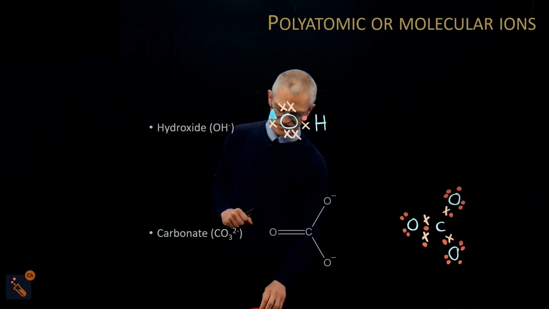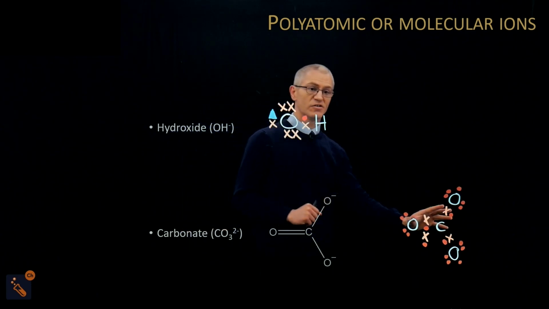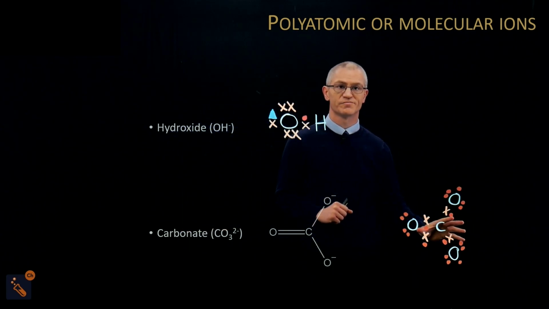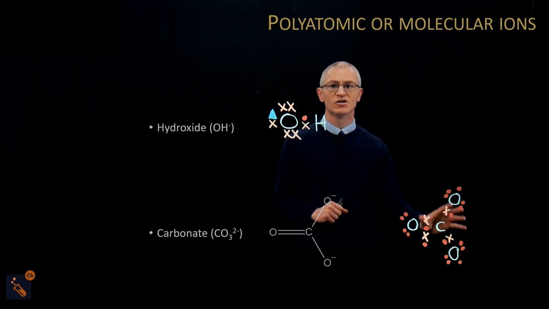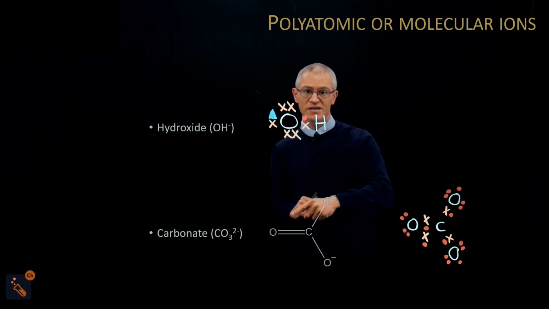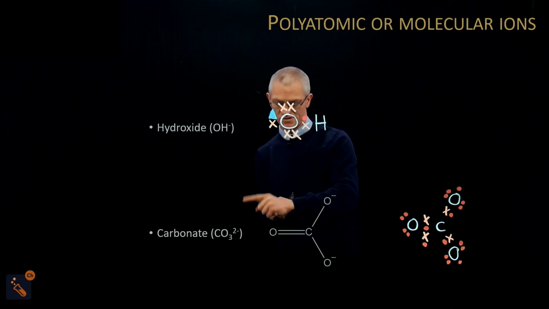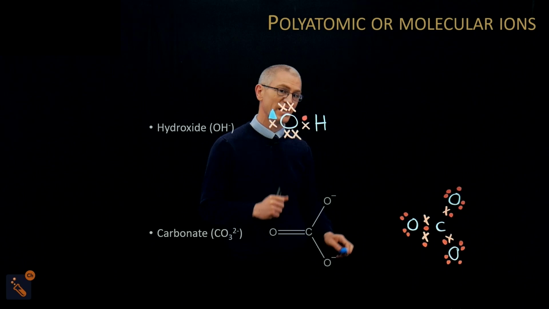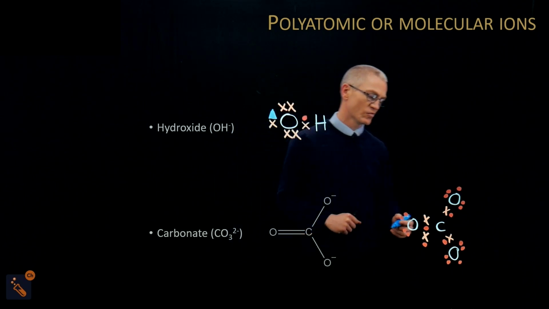Now I want to emphasize again, this is currently neutral. On here you can see that this is 2 minus. That means it must have gained 2 electrons. Where does it gain 2 electrons?